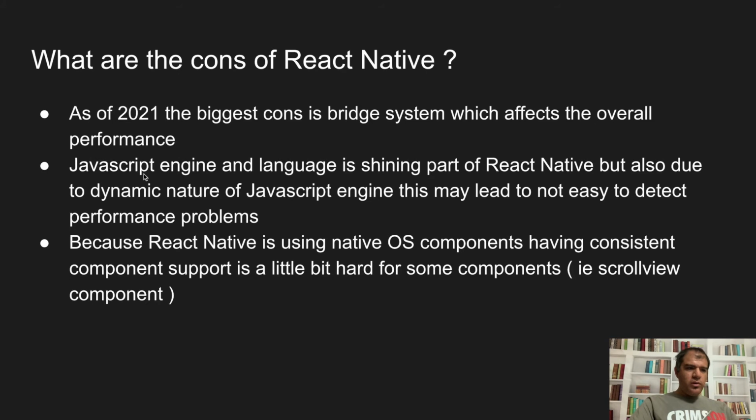So JavaScript, as I mentioned, is easy to understand, easy to use at first, but it also has the problem of being very dynamic, because it is easy to create unoptimized code by using JavaScript. So when we compare Dart execution engine, JavaScript has this downside.